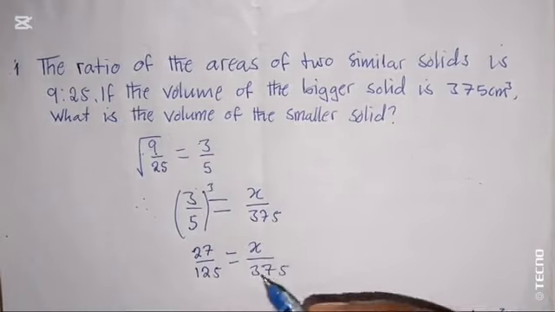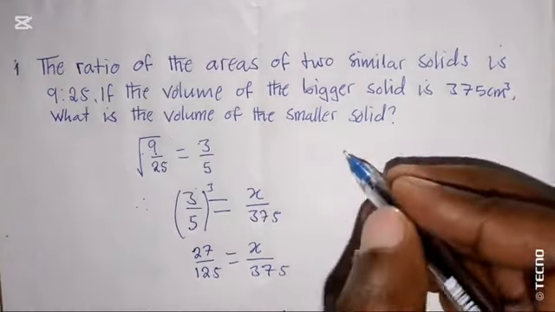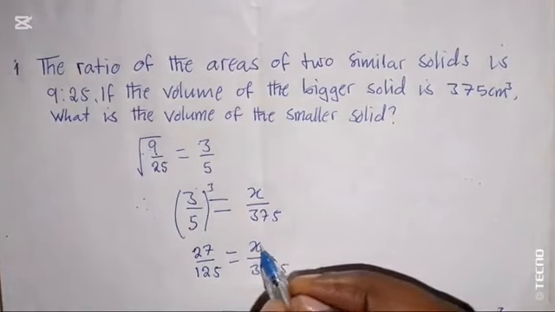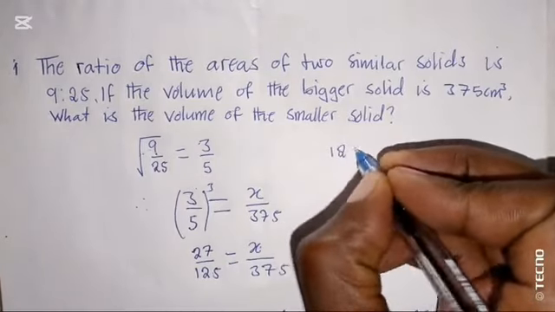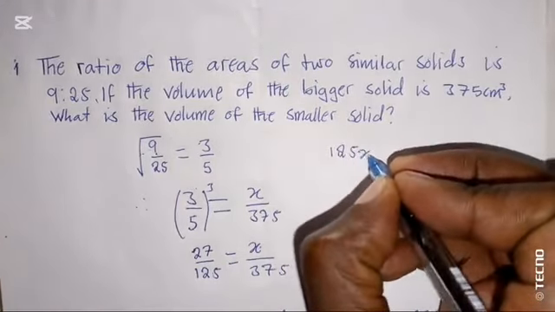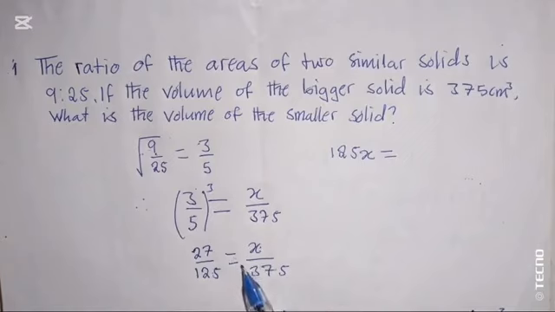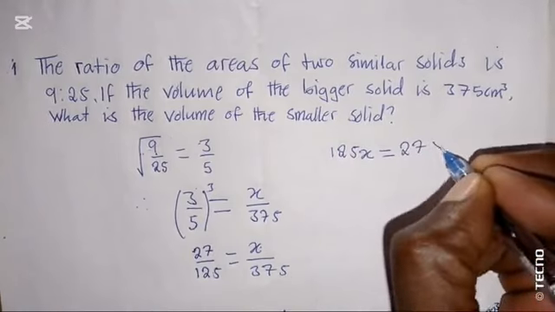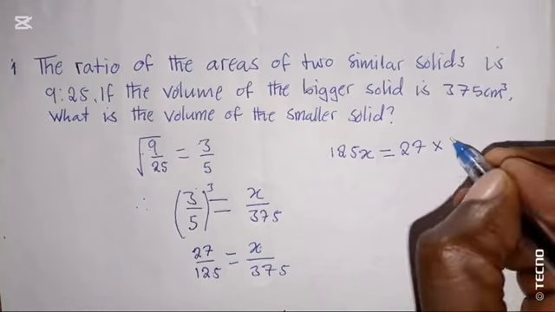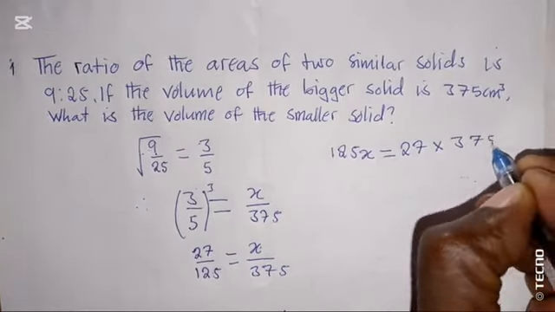Just like I said, we do not use calculators. I'll use this space here. Cross multiplying, we're going to have 125x equal to 27 times 375.